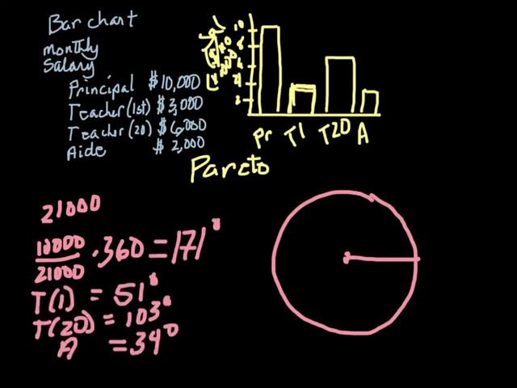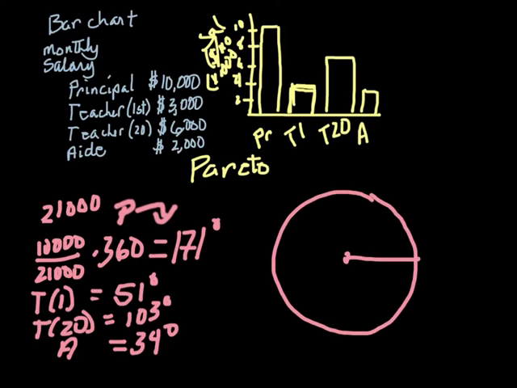I have the calculations at the end all done. The first one, for the principal, is 10,000 divided by 21,000 times 360, which is approximately 171 degrees. For teacher 1, it's 3 divided by 21 times 360, and so on for the others, and I get 51, 103, and 34 degrees.